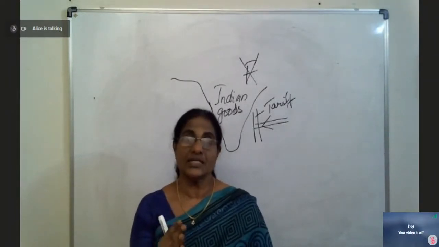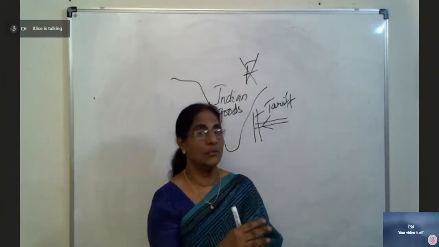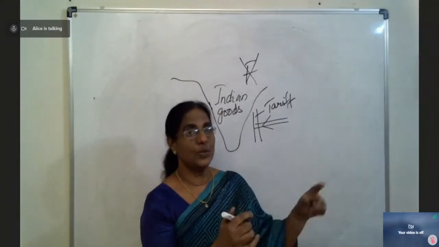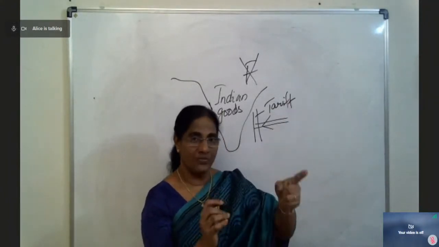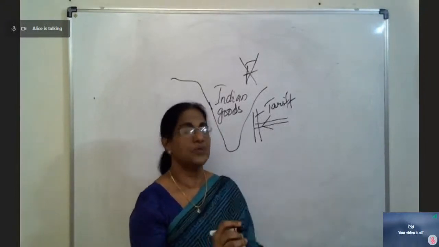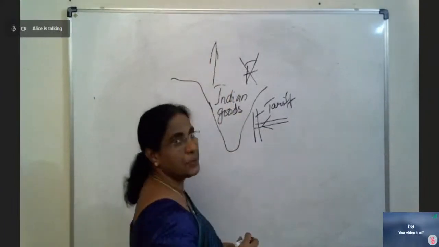So the domestic industry is protected and happy, and domestic demand is more. Price will rise, production will rise, profit will rise. Because there is no competition, Indian industries can charge higher prices.